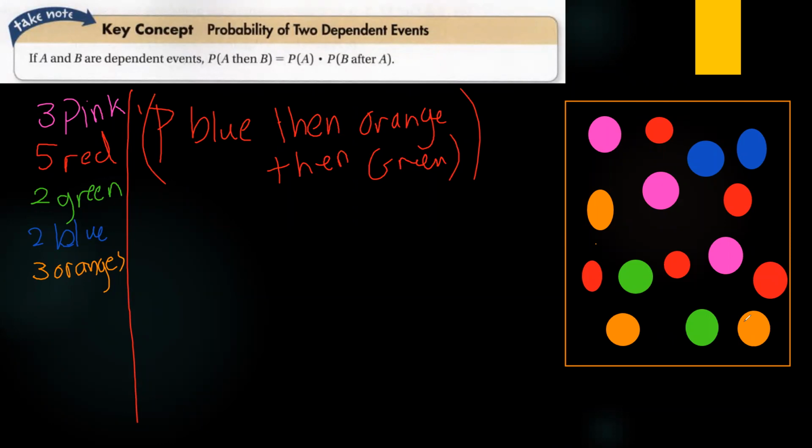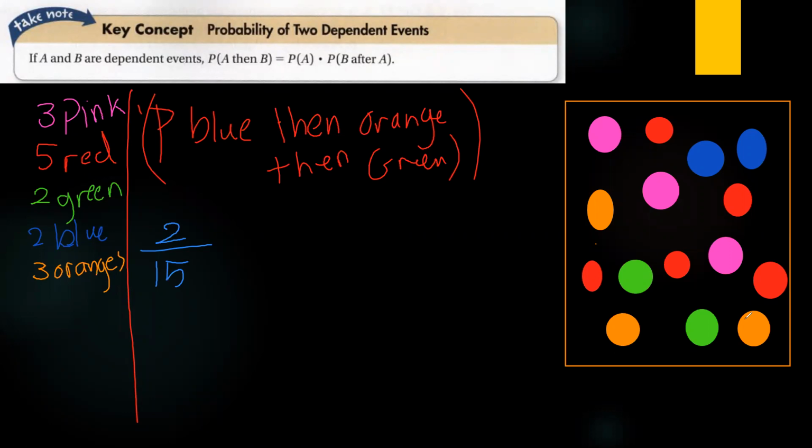How many blue do we have? 2 blue. Over how many marbles? 15. So what did I get now? I have to choose 3 marbles. The first one is blue, the second one is orange, and the third one is green.